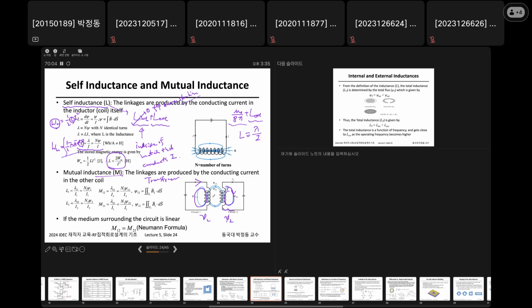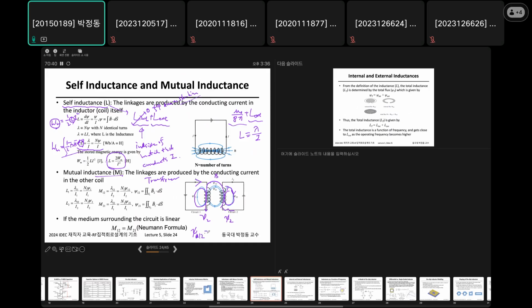But if the two are close together, then part of the generated magnetic flux density will go through the second coil, which is written as psi 12.